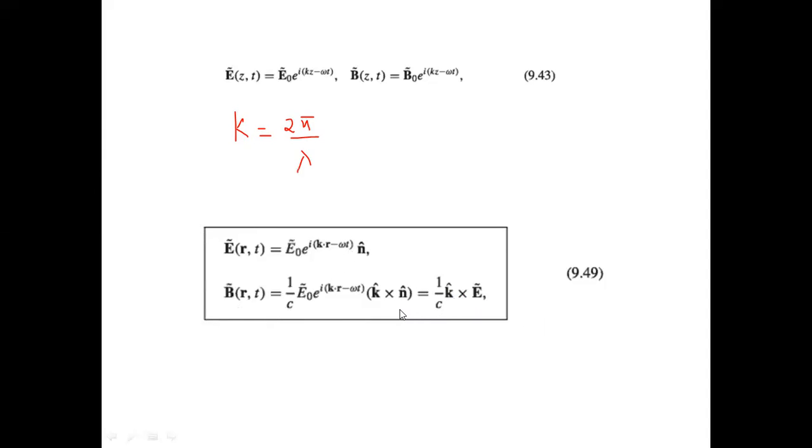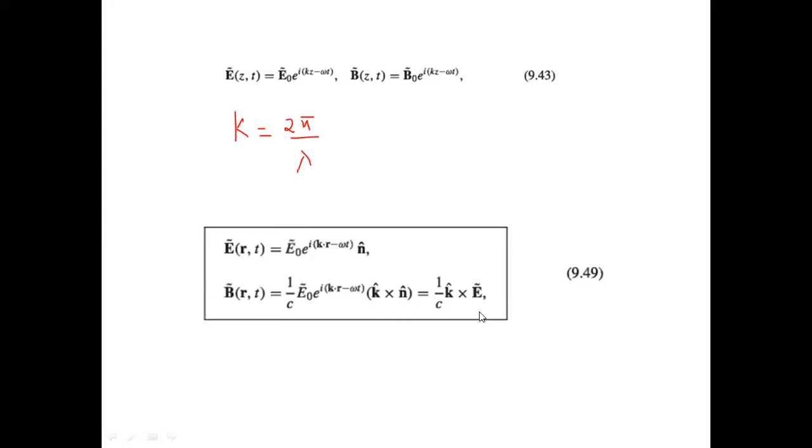So this is what talks about the transverse nature of electromagnetic radiation, that all these three vectors are mutually perpendicular. So k is perpendicular to E, and the cross product of these two, which is B, is perpendicular to both these vectors.